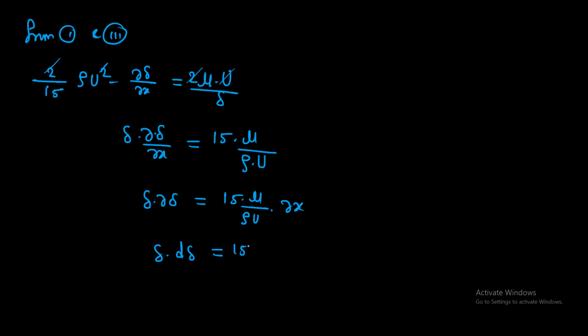This is equal to 15 mu upon rho U into dx. Now if you integrate this on both the sides, so from this we will get delta square by 2, this is equal to 15 mu upon rho U, where mu, rho and U are constant. So integration dx will be x, plus the constant of integration. So it is a c.